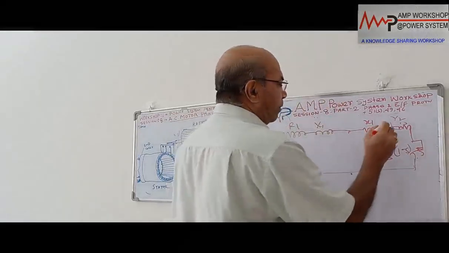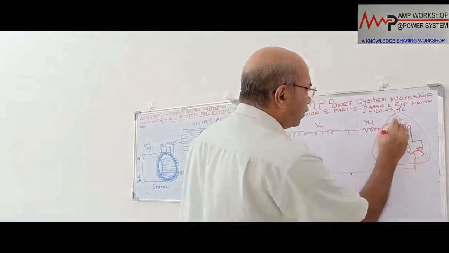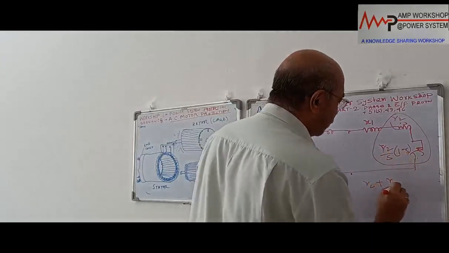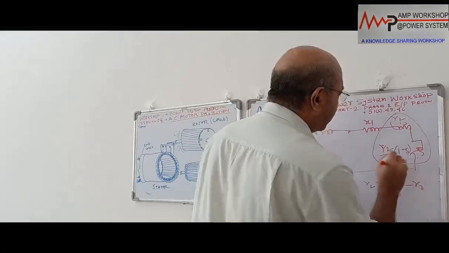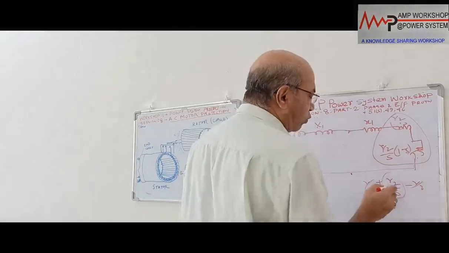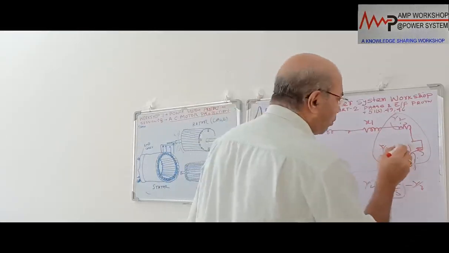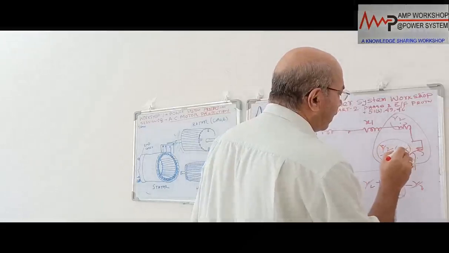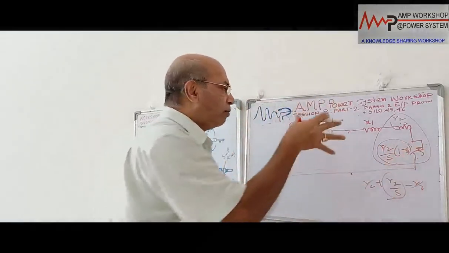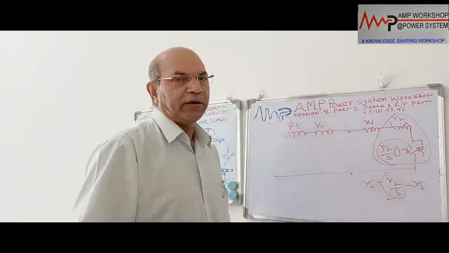Then the equivalent becomes R2, because if we sum these two, plus if you multiply this out, it is R2 by S minus R2. The R2 cancels, so this is equivalent to R2 by S. So this rotor resistance R2 by S we can write down in this way. What is this showing? This part, R2 by S into (1 minus S), is actually showing the mechanical load on the motor in electrical form. So this part will decide how much starting current there will be.